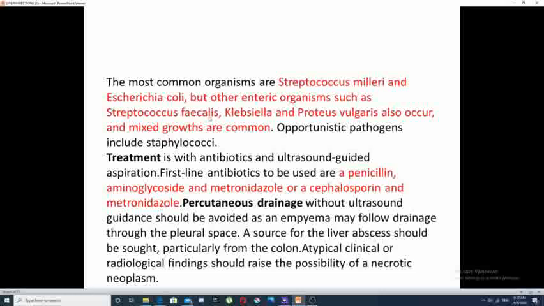Most common organism causes the liver abscess are streptococci, E. coli, other enteric organisms like Streptococcus faecalis, Klebsiella, Proteus may be present in a mixed growth. Sometimes opportunistic pathogenic microorganism like Staphylococcus aureus may be seen in the culture of the aspirated fluid of the pyogenic liver abscess.